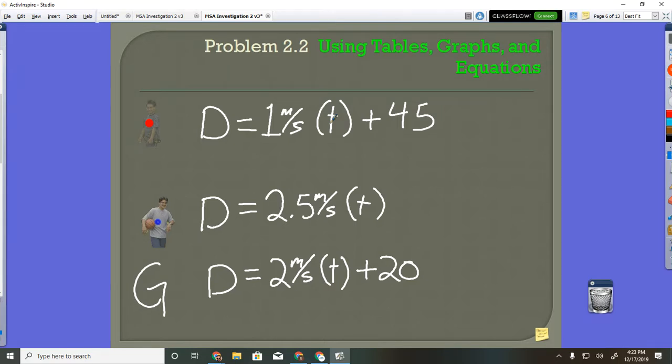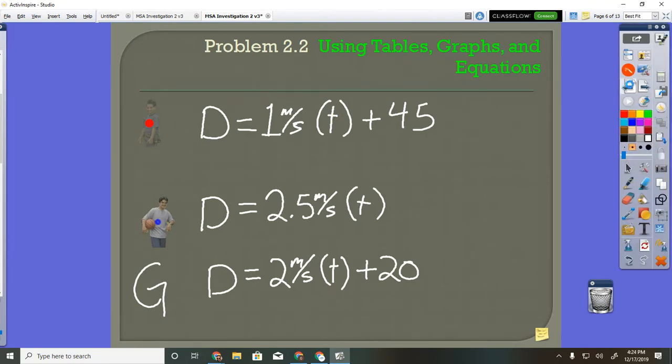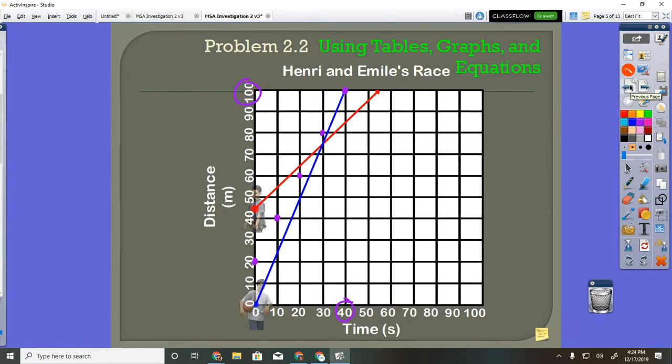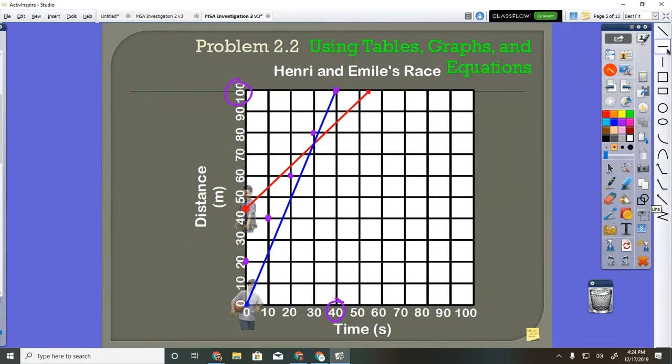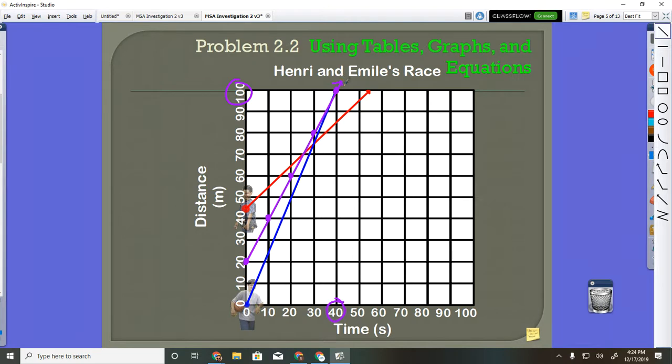And if we were to look at his graph and compare it, we would see that Gilberto, let me go ahead and make a straight line here. Turn purple, straight line. Okay, so Gilberto, his line is steeper than Henry's, but it is less steep than Emil's.